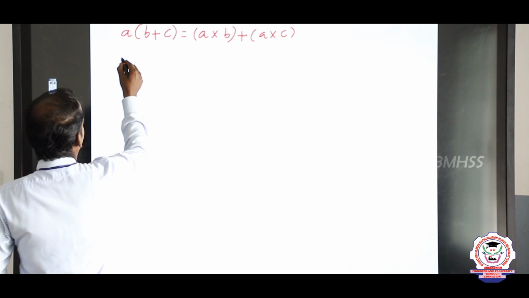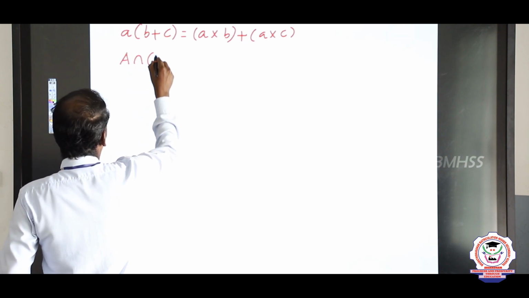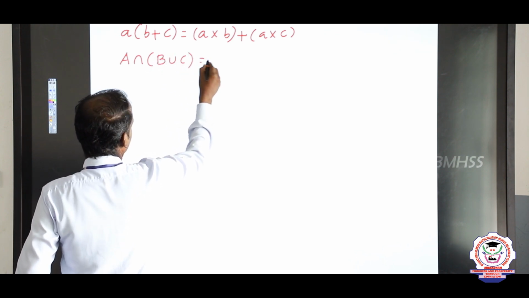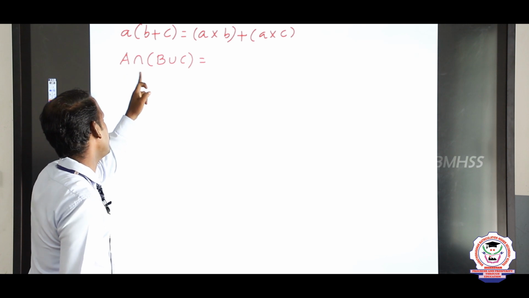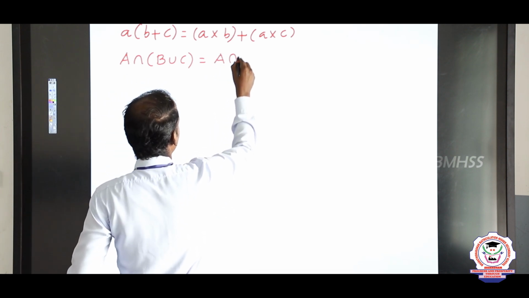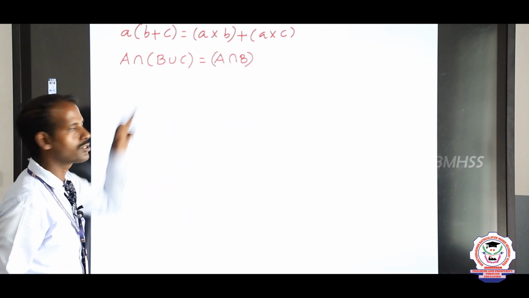Here, using A intersection B union C is equal to A intersection B, A intersection B, center value B union C. So union.